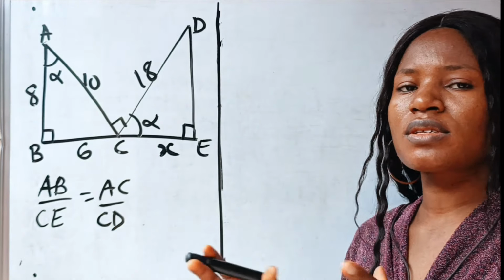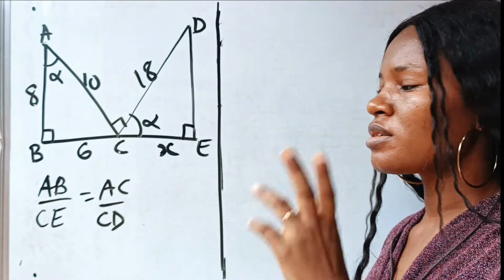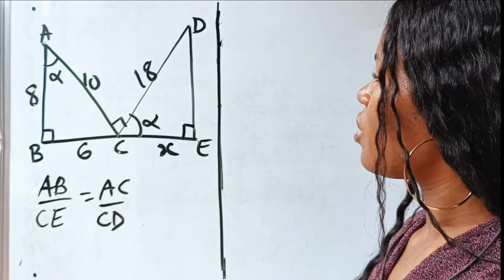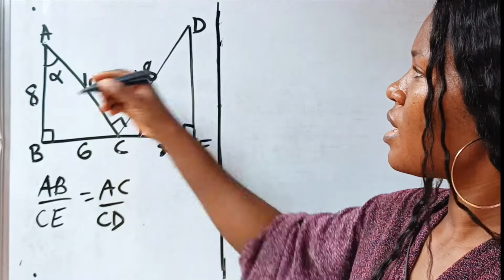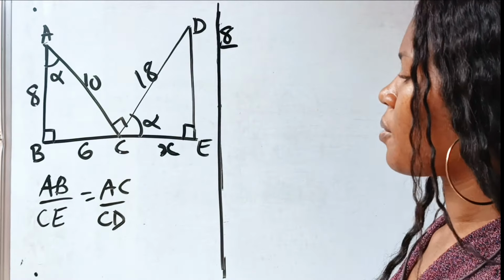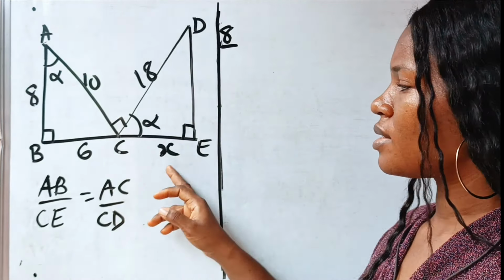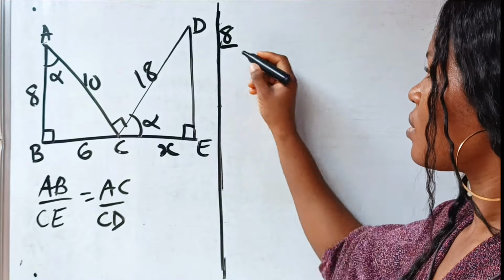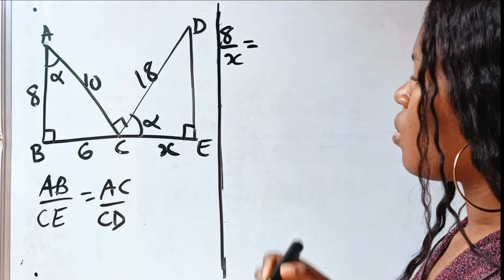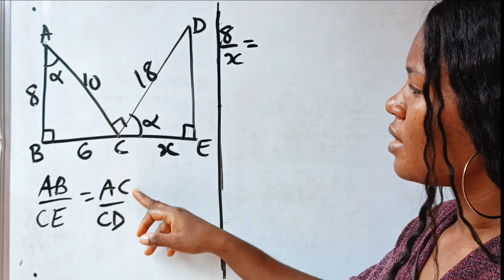So let us now substitute. We are going to have AB is 8 over CE, the side that we are looking for, X, is equal to AC, which is 10.